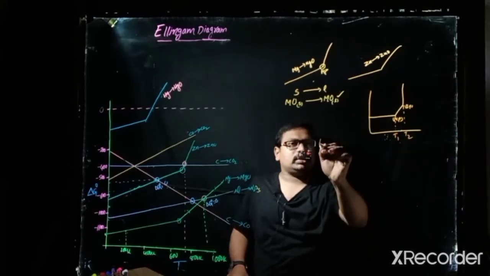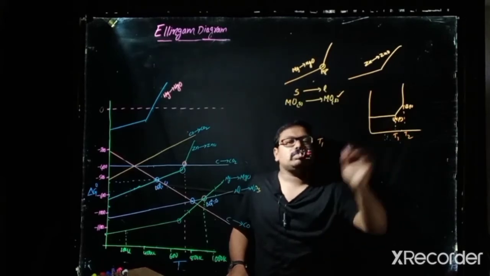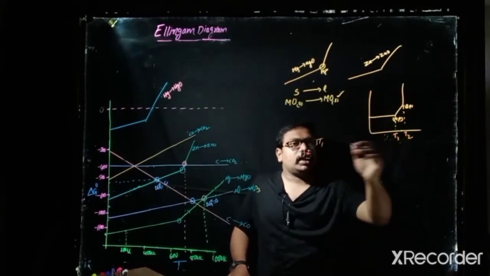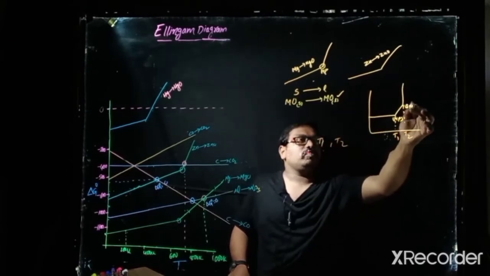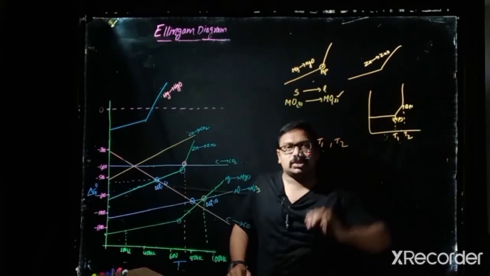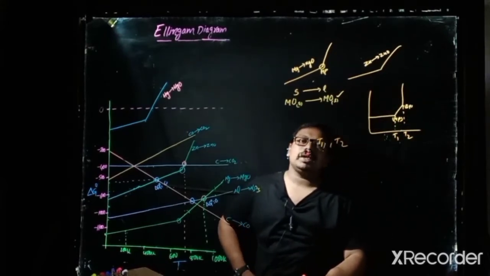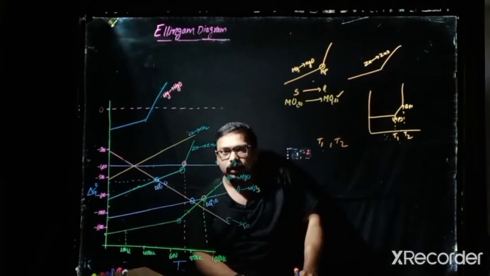At T1 the entropy is low, because it is in the liquid state. But at temperature T2 the entropy will be more, because it is in the boiling state, the vapor state. That is the reason we get these steep curves in the Ellingham diagrams.